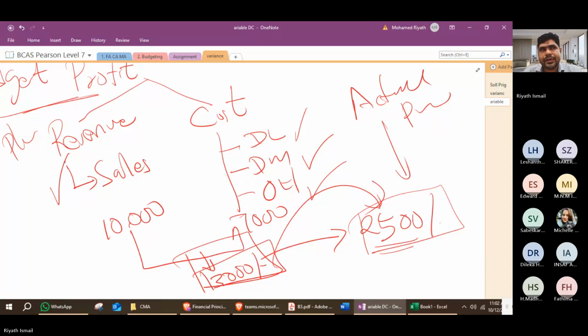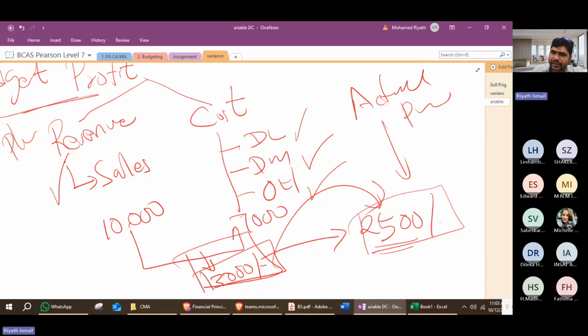Direct labor variance favorable, direct material adverse, fixed overhead favorable, variable overhead adverse. Within direct material and overhead, there are price differences and usage differences, direct labor hours differences, sales unit differences, sales price differences. Some give favorable and some give adverse results. Okay? So that's the requirement for that.